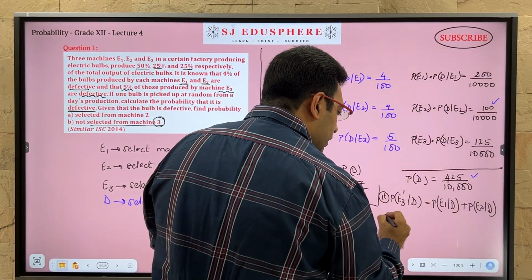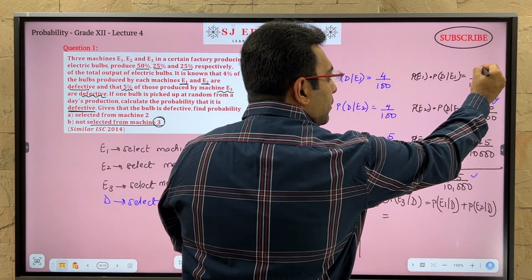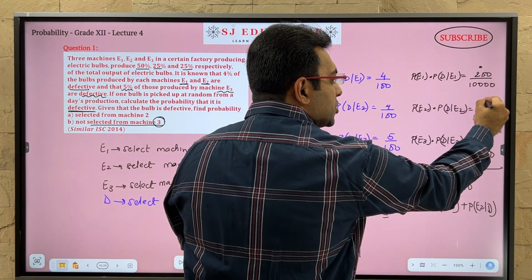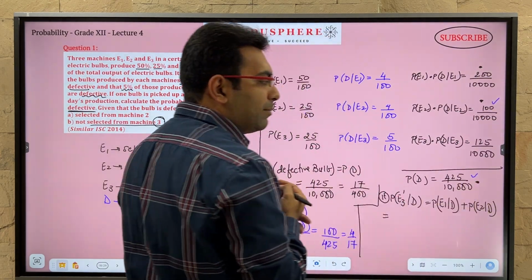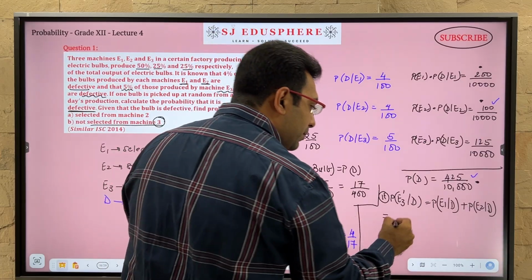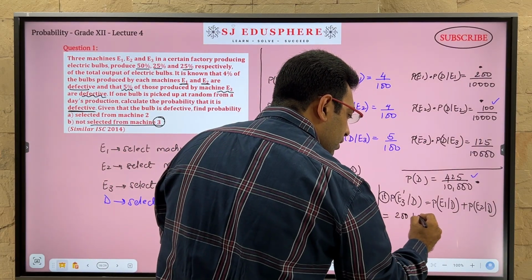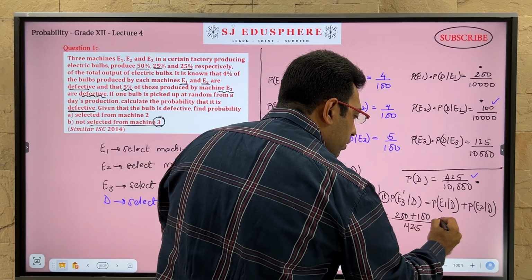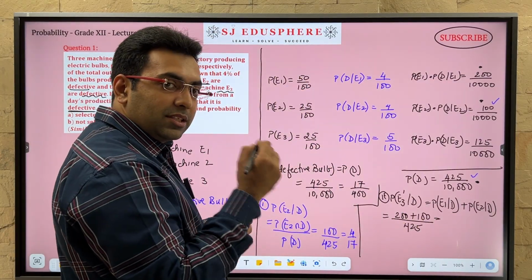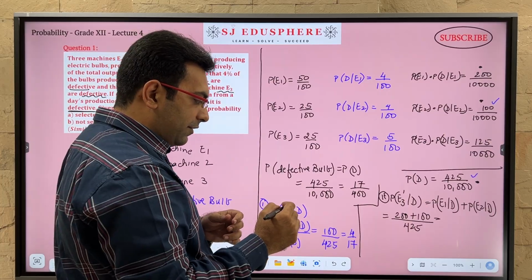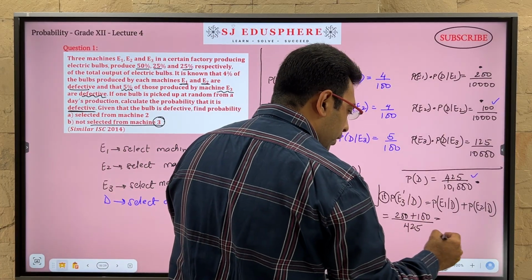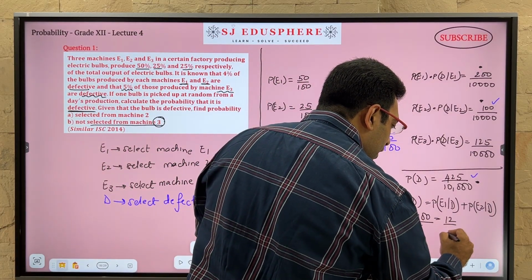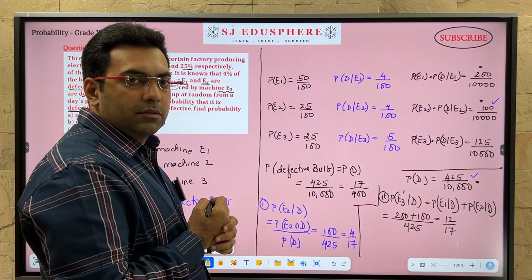That will come over here, machine 1, machine 2, divide by this answer. So that will be 200 plus 100 upon 425. That is 300 upon 425. That becomes over here 12 by 17.